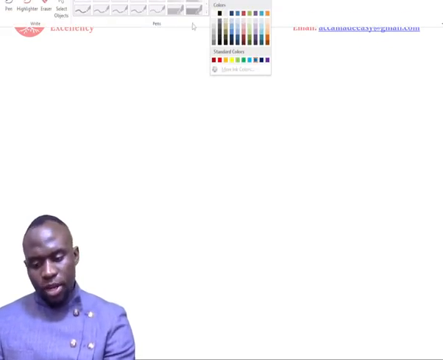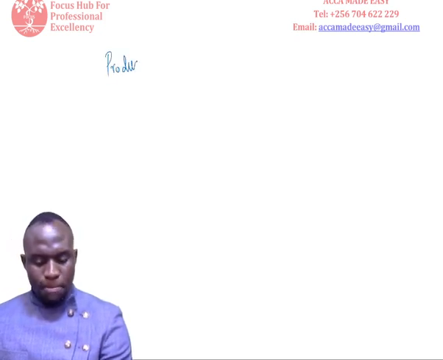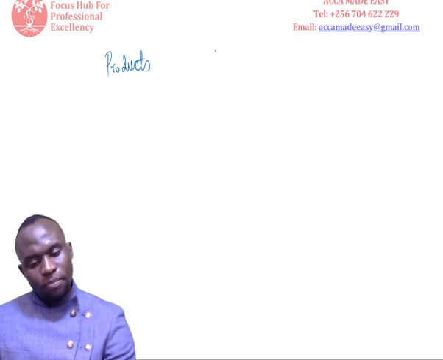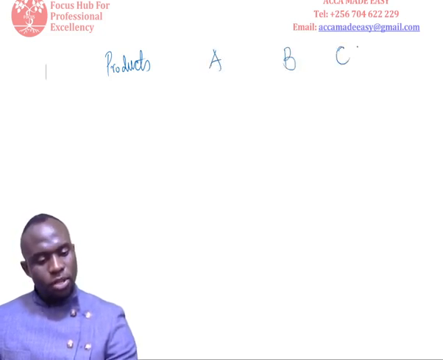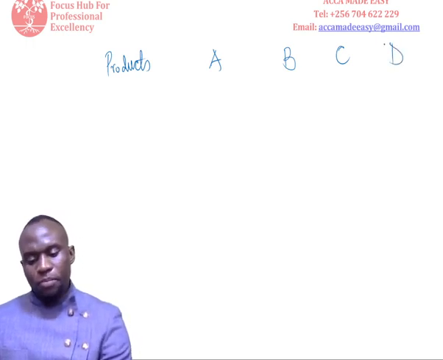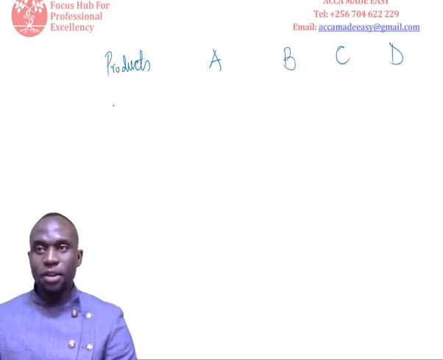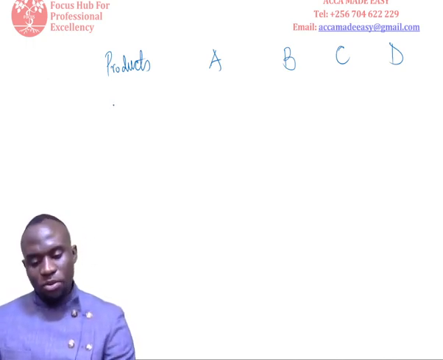Now we work out, so we have 4 products. Products are product A, product B, product C, and product D. Now our aim is to get contribution per limiting factor. And how do we get so?